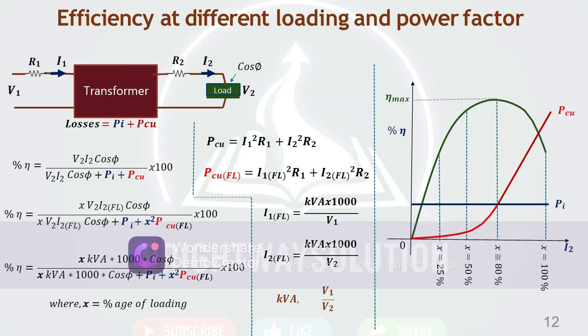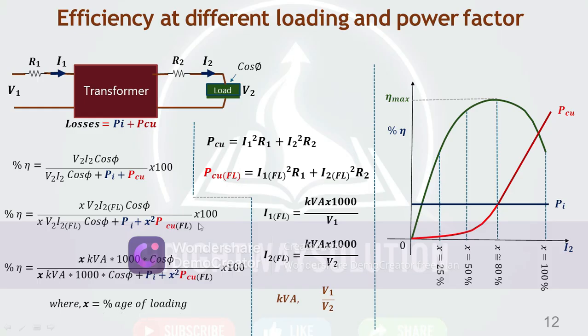Now efficiency at different loading and different power factor. Here this is the primary winding side, this is the secondary winding side, and this is the assembly of the transformer which carries the copper loss and iron loss. The efficiency formula is like this. If you load a transformer partially, x is the fraction considered as the percentage of loading.